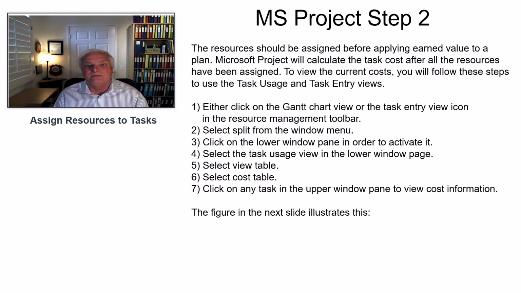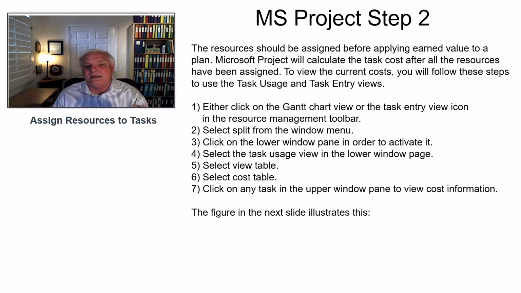That's step 2. In addition to that, I want you to follow these, I'll call them simple tasks, but they are simple if they map to the version of Microsoft Project you're using. You're going to click on the Gantt chart view, either the task entry or view icon in the resource management toolbox.